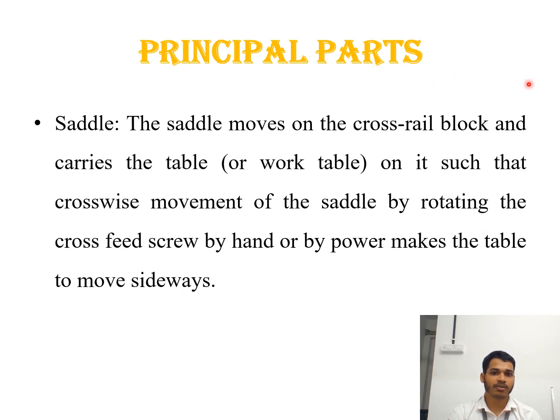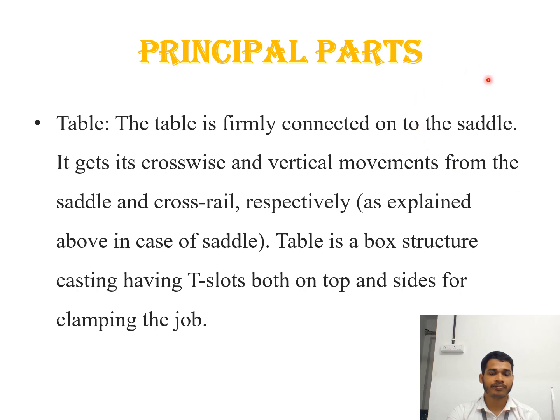Saddle: the saddle moves on the cross rail block and carries the table on it, such that a crosswise movement of the saddle, by rotating the cross feed screw by hand or by power, makes the table move sideways. The table is firmly connected onto the saddle, and it gets its crosswise and vertical movements from the saddle and cross rail respectively.